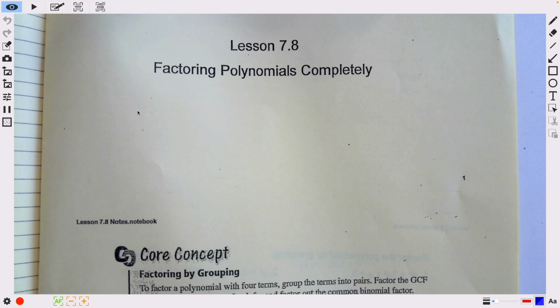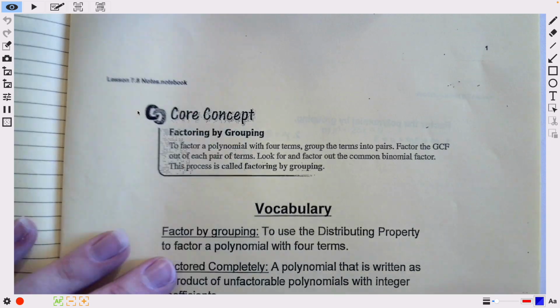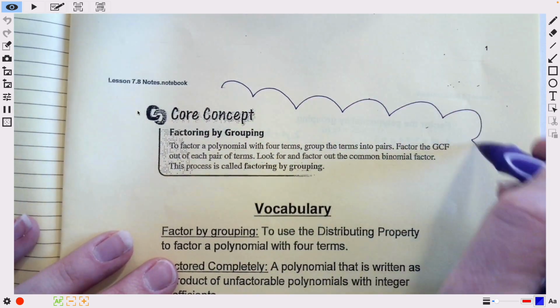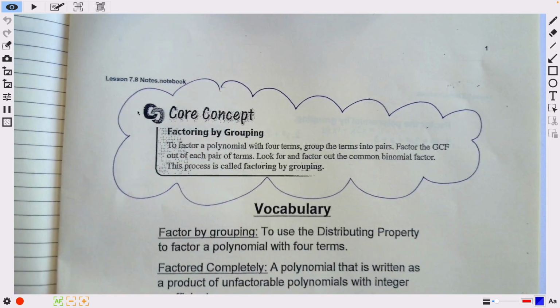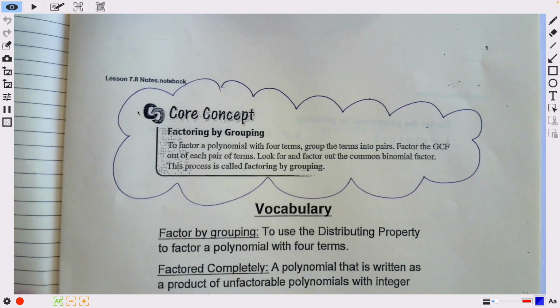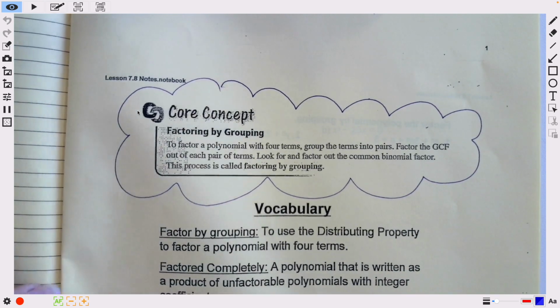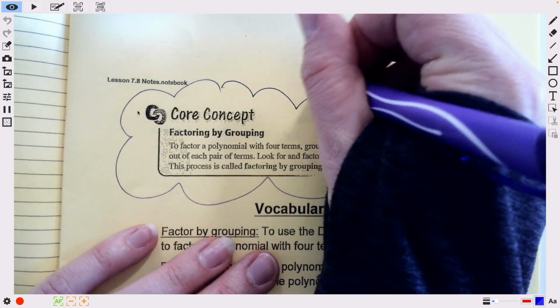It's called factoring by grouping. And this one's really easy to identify on your test because it's the only kind of factoring where you will see 4 terms.